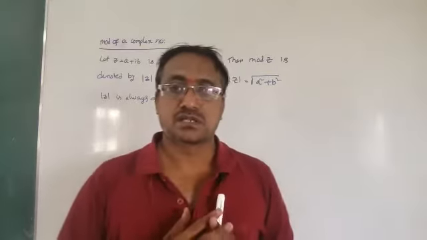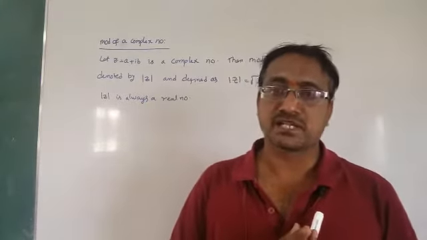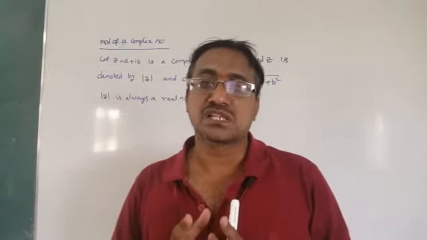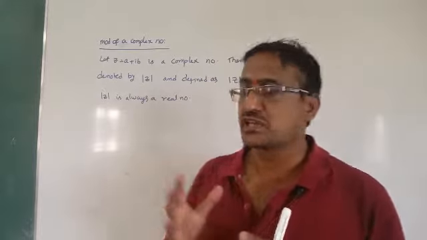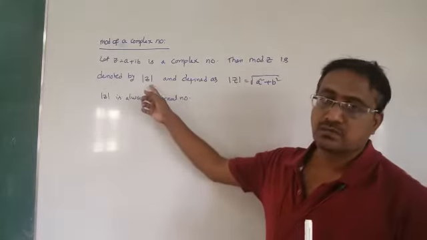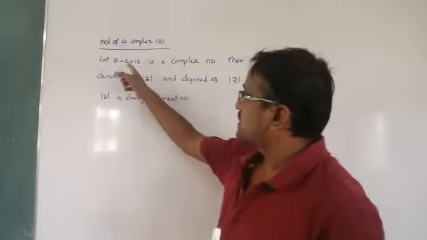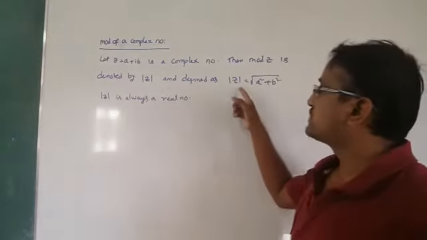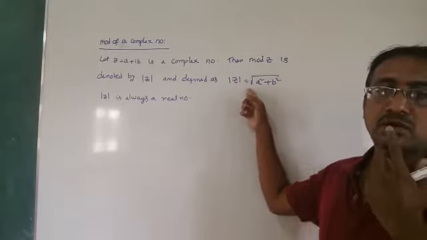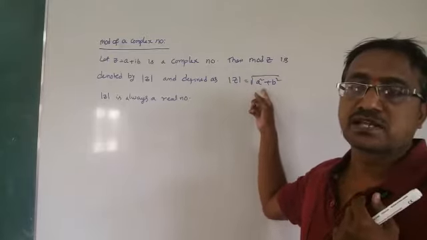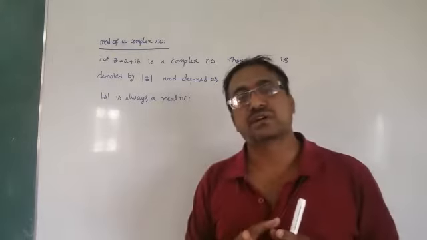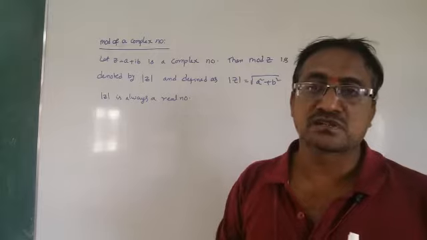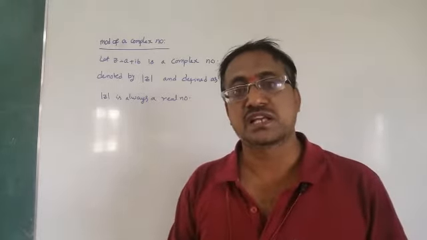Another important concept: the modulus of a complex number. If z is a complex number, then the modulus of z is denoted by mod z. If z is equal to a plus ib is a complex number, then the modulus of z is defined as root over a square plus b square, which is always a real number.